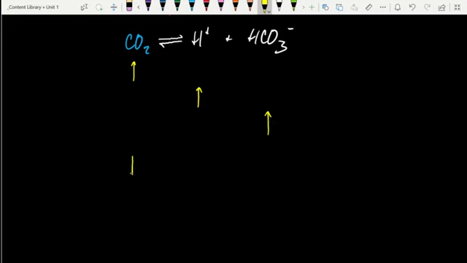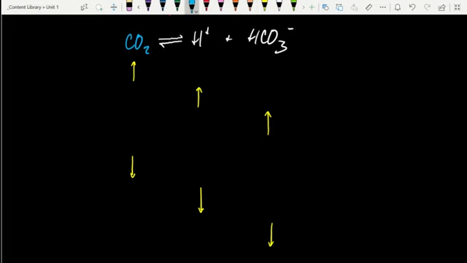We can decrease carbon dioxide, decrease hydrogen ion, or decrease bicarb ion. These are 6 different ways where I could put stress to this equilibrium in my body. And our job for each of these is to predict what happens and understand how the other components are going to adjust.